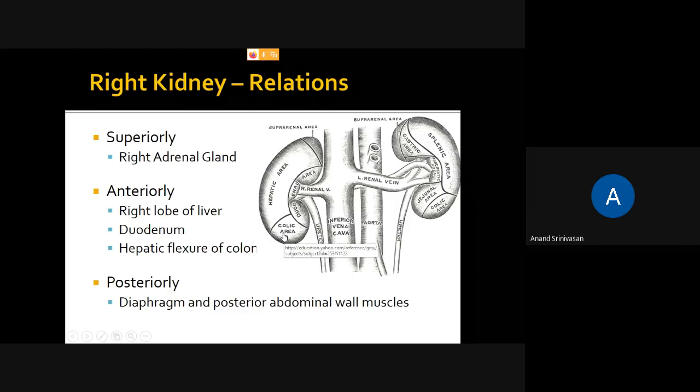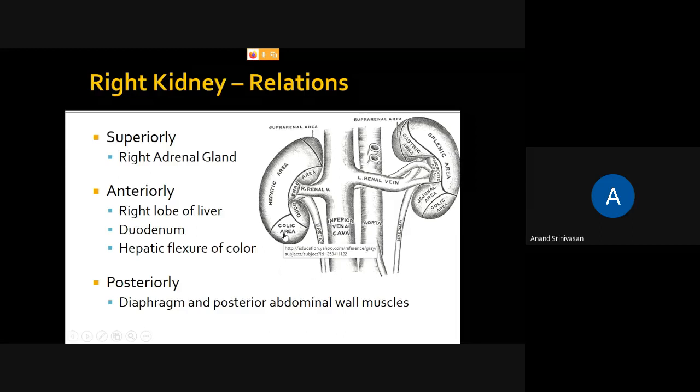From the ascending colon to the transverse colon, there will be a change. The place where the ascending colon changes into the transverse colon is called the hepatic flexure of the colon, hepatic because it is close to the liver. The ascending colon comes up, and from here it changes into the transverse colon.